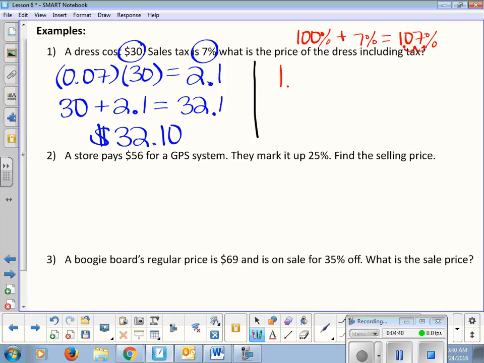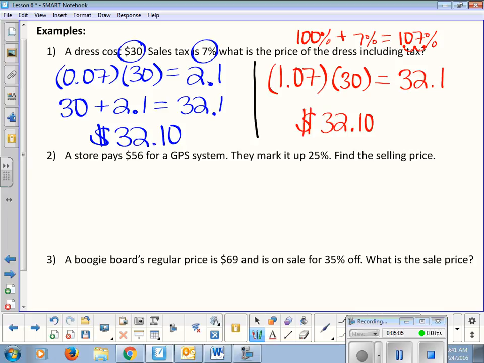What do we get? 1.07, and we multiply that by our price of the dress, which is $30. When you multiply these two values, what do you get? 32.1. What do you notice about these two answers? They're the same. There are two different ways you can come up with your answer. So go ahead and try the next two.